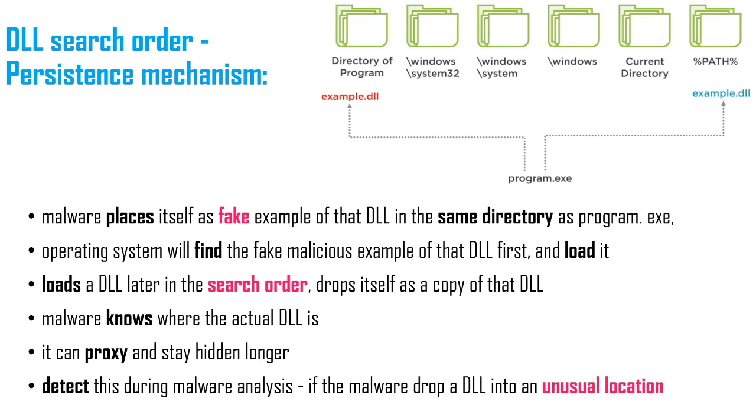Say for example we have an application called program.exe. It needs a supporting file, example.dll. To execute program.exe, it first searches the directory of the program, the C Program Files folder. If example.dll, that supporting library file, is not present, the OS will check the second folder, the Windows System32 folder.